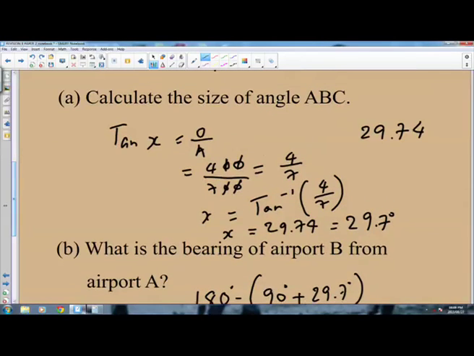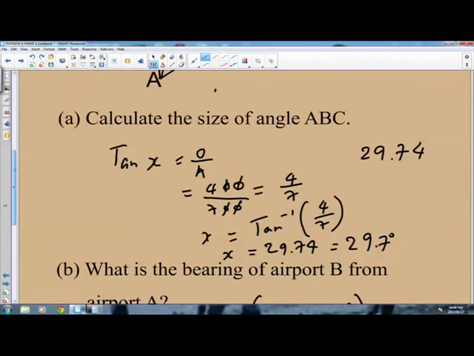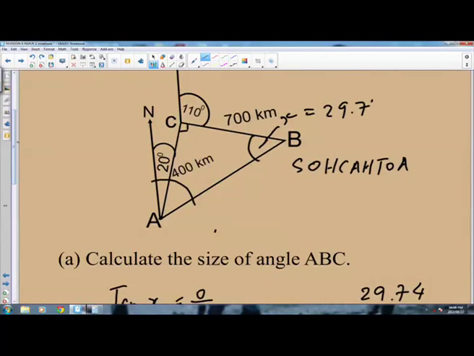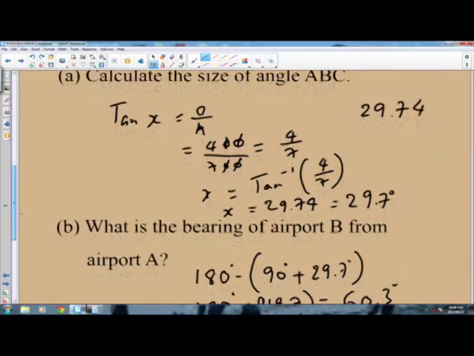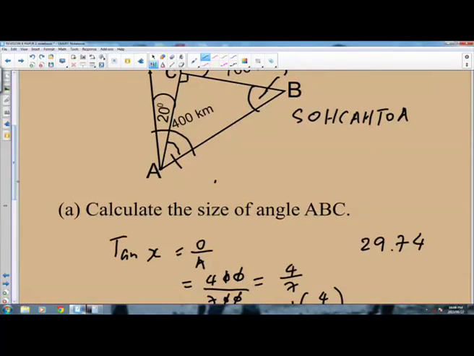The 60.3 is the angle at A in the triangle ABC. So this angle here is equal to the value that we got, 60.3. So that's what we have.